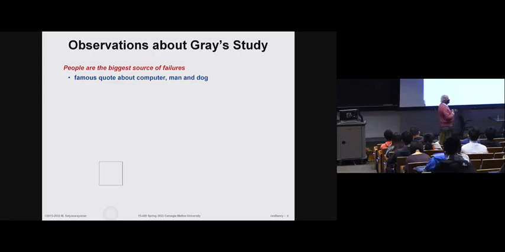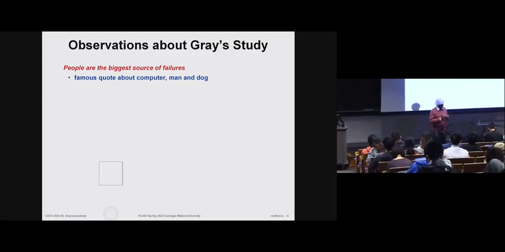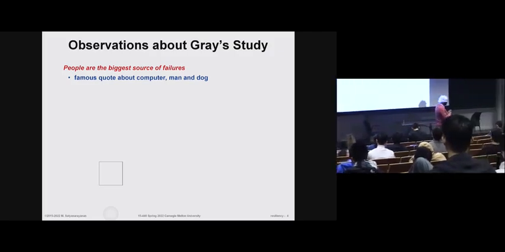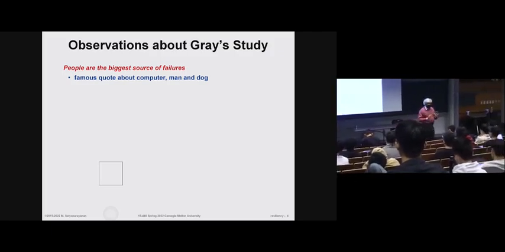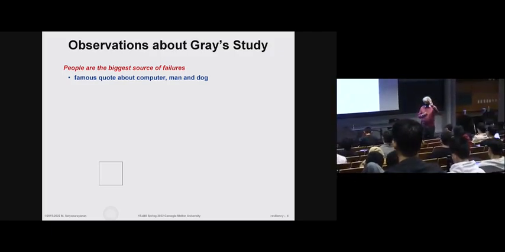Okay. So there's a long-standing joke in the computer science community about how you build a reliable computer system. The answer is you need 3 components. You need a computer, you need a man or a woman, and a dog.